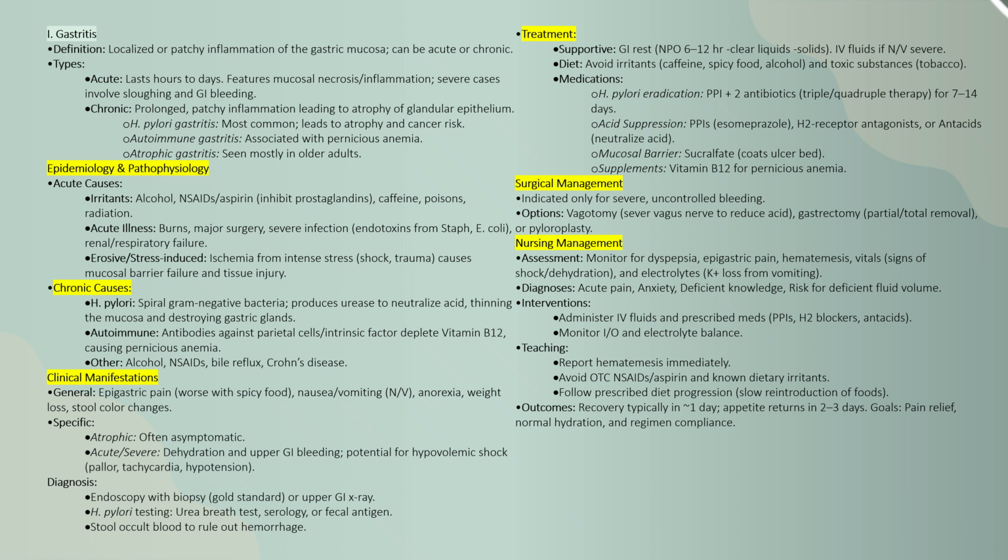The H2 receptor antagonists to block gastric secretion; antacids like Maalox and Mylanta to neutralize gastric acid; sucralfate, Carafate, to create a protective physical barrier; vitamin B12 supplementation for chronic gastritis associated with pernicious anemia.